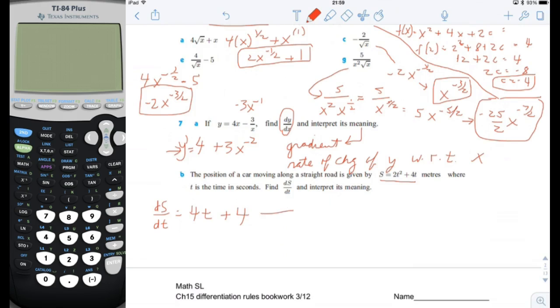We know that s is the position of the car. When you take the derivative with respect to time, you get the rate of change of the position of the car with respect to time. Guess what? That's velocity or speed. We'll say velocity because it can have a positive or negative sign. That's the interpretation of its meaning.